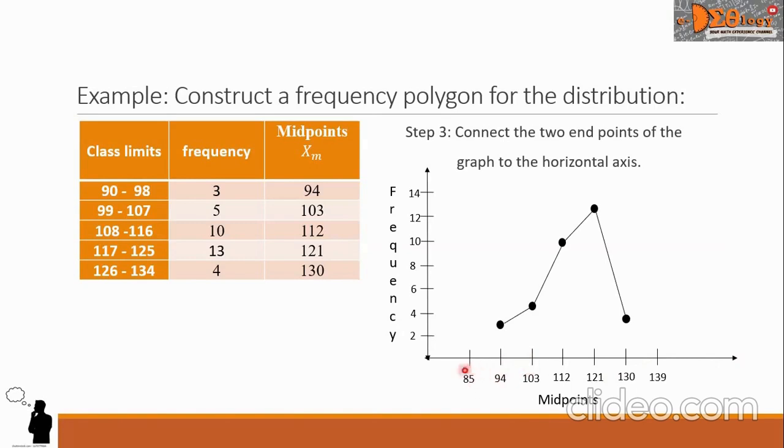So the first number here would be 85 and the other number here is 139. It's like we're adding another midpoints but with 0 frequency. Here are now the points, and we connect these points with the endpoints of the graph. This is now the frequency polygon. This is the final answer.